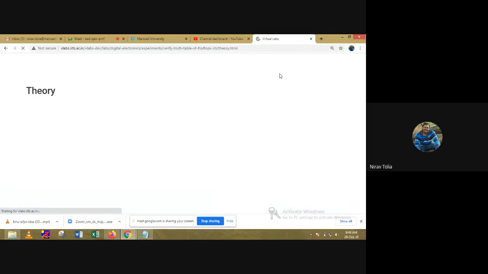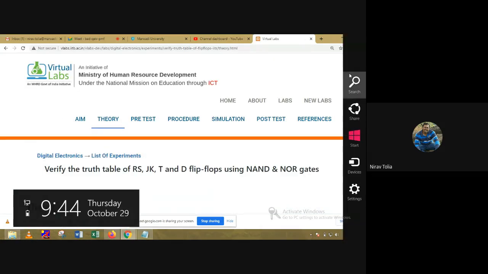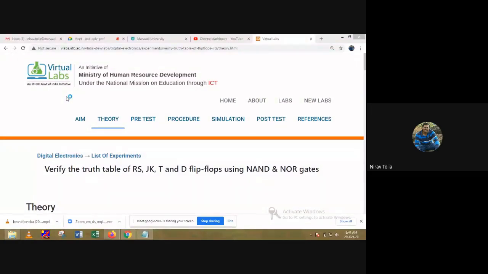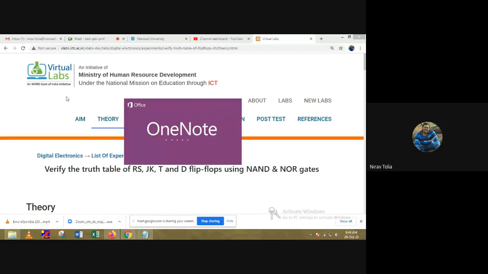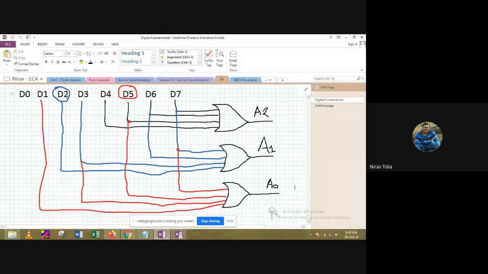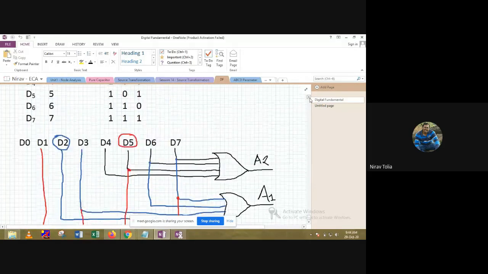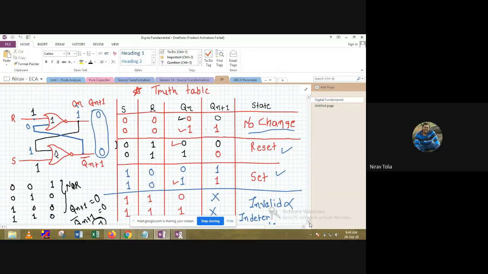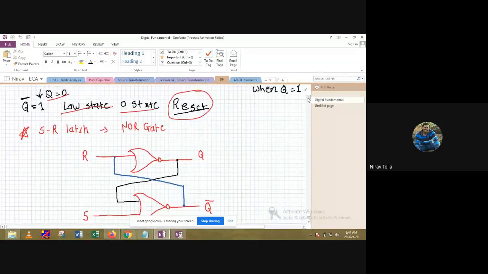So going into the theory, this is the thing which we performed in the last lab, the SR latch or SR flip-flop, and it is made by NOR gates.